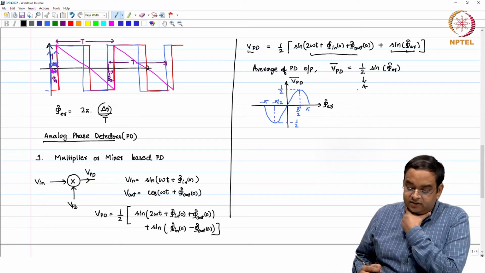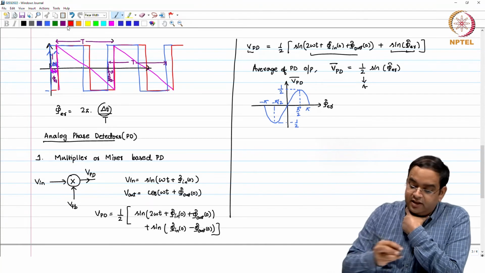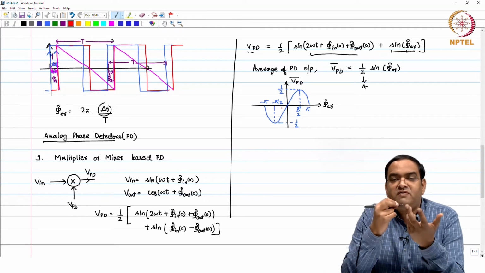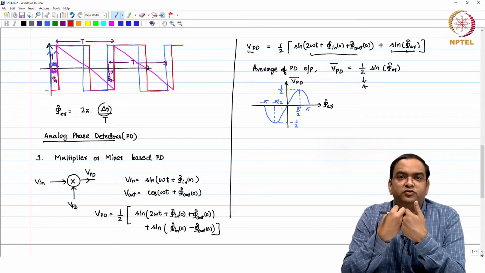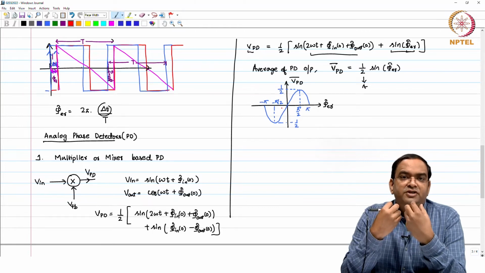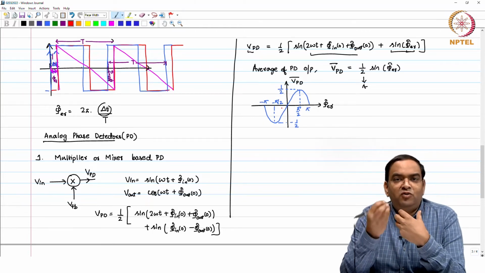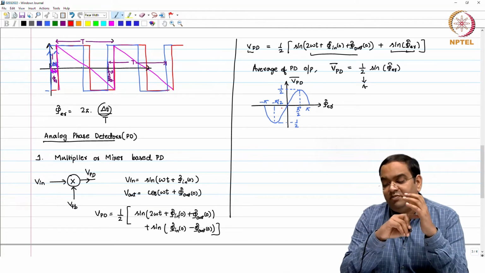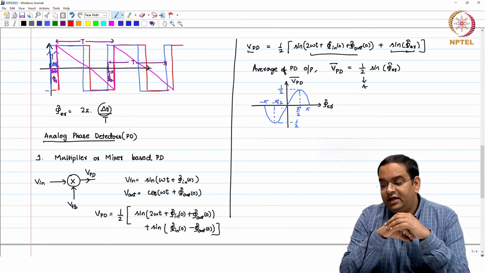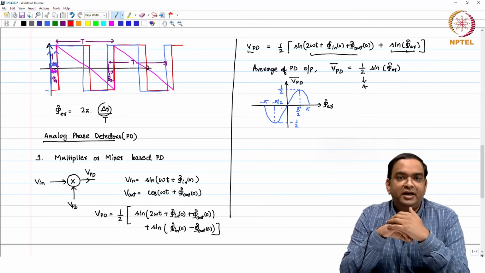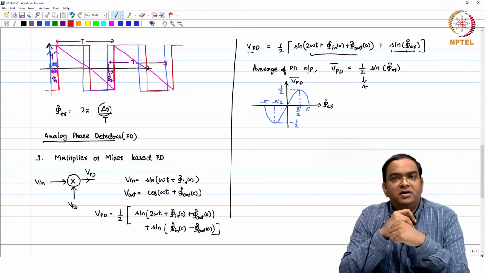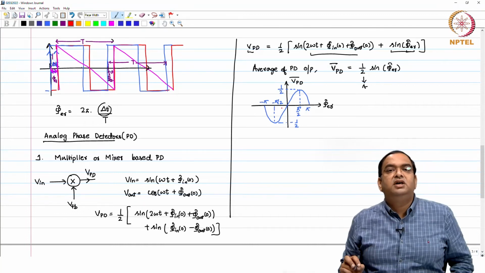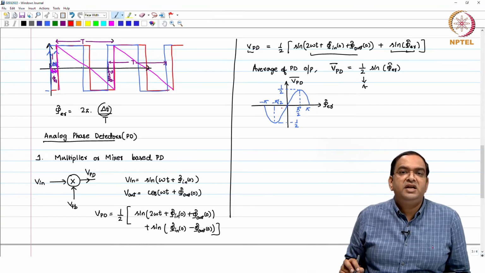The first question you can ask is why we are concerned about the VPD average. Because that is the quantity which is going to change the control voltage of the VCO, your VCO frequency and the feedback phase. It may happen that if you are changing your phase error, the value will keep changing, but for a fixed phase error you will have a fixed VPD voltage.